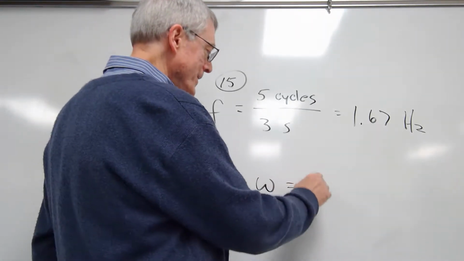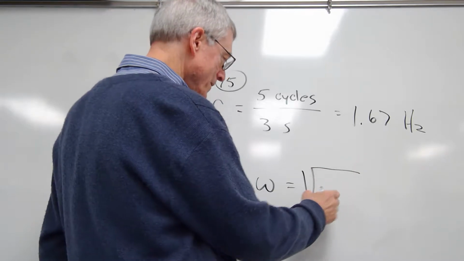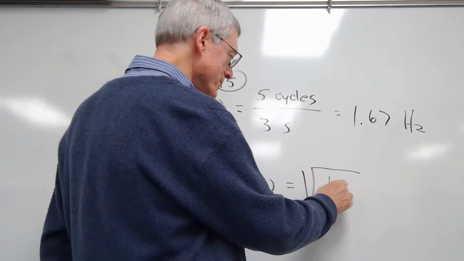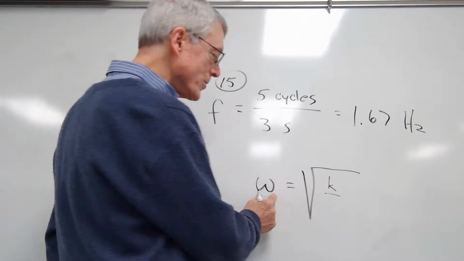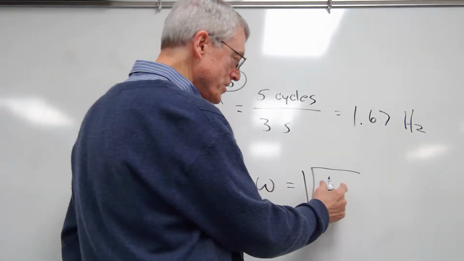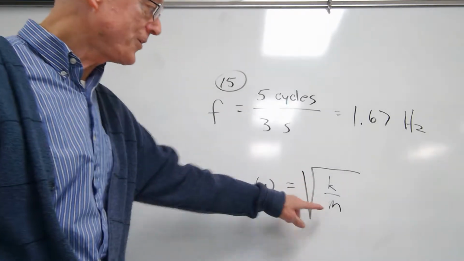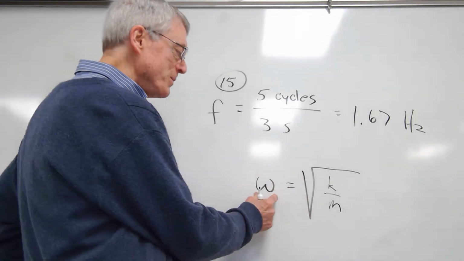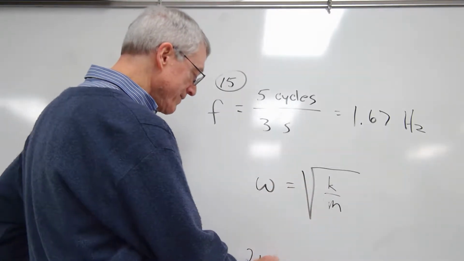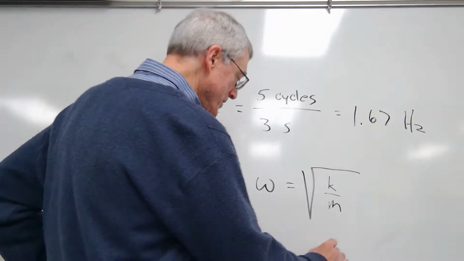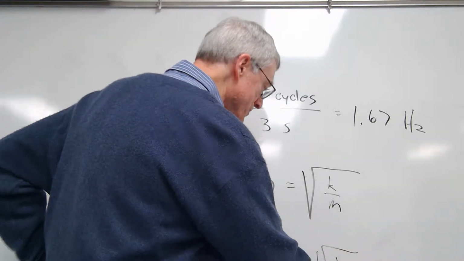The easiest way to work that problem is to remember this version of the equation. Omega, or angular frequency, is the square root of the spring constant divided by the mass. And then if you remember, omega is also 2 pi f. That's equal to the square root of k over m. Now it's just plugging in the numbers.